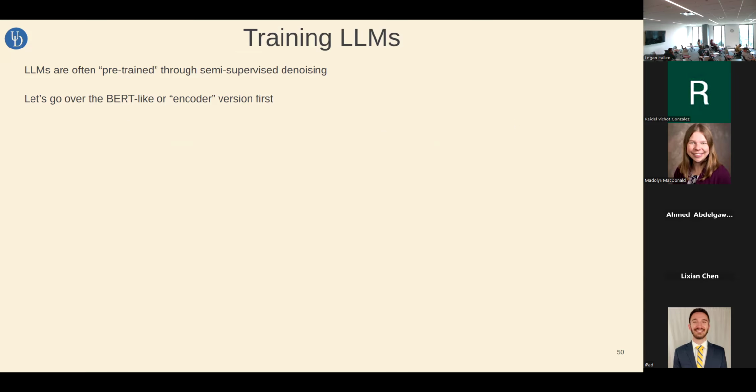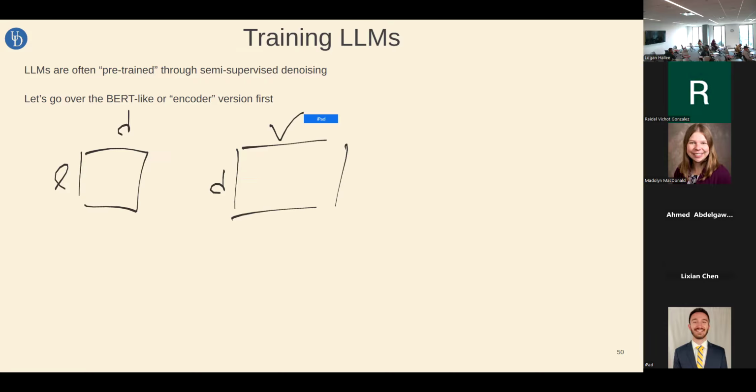Operationally, that works by we have our final L by D matrix from the outputs of our model. We somehow need to map this to L by V. V is our vocabulary size. We have another D by V matrix.